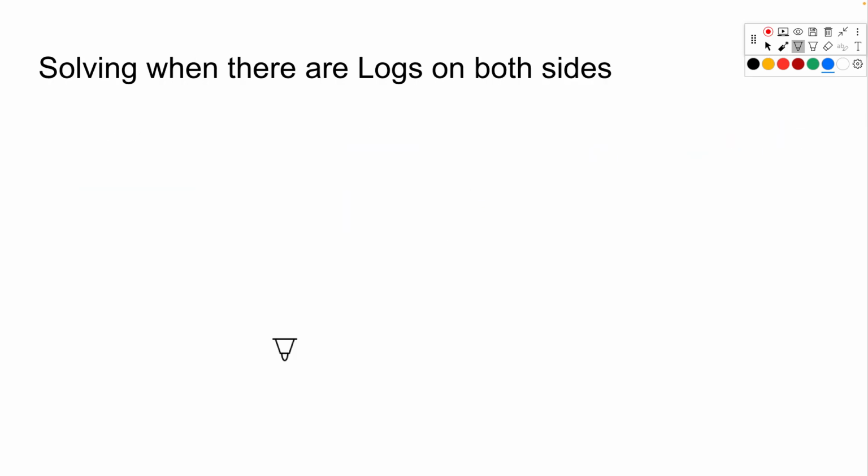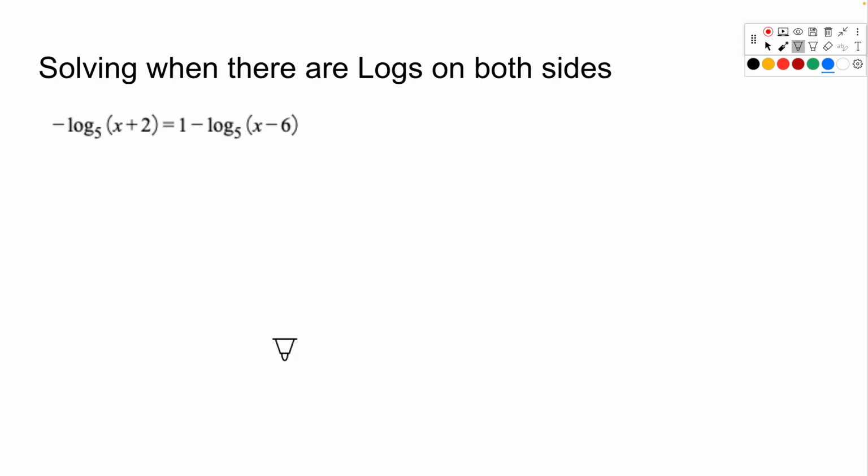Okay, awesome. Now, what if we got logs on both sides? So notice this is just a bunch of techniques to solve. And then again, we'll get to the applications next week. Too many logs on there, right?